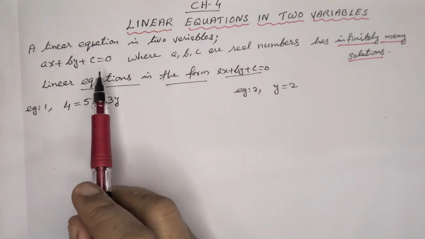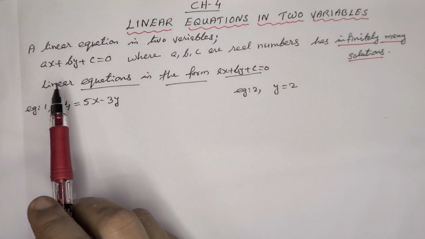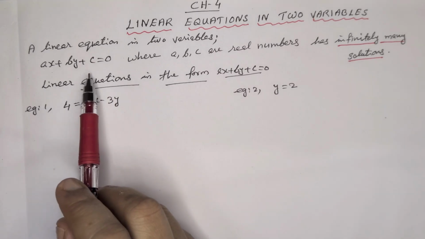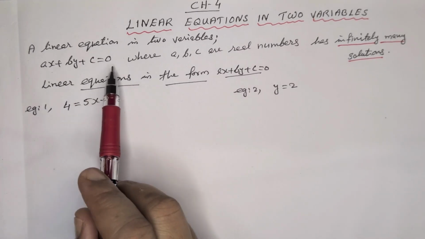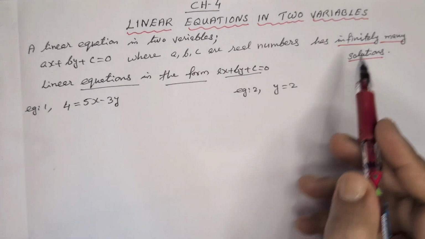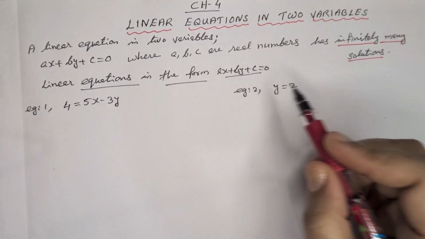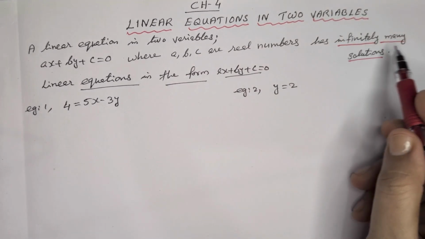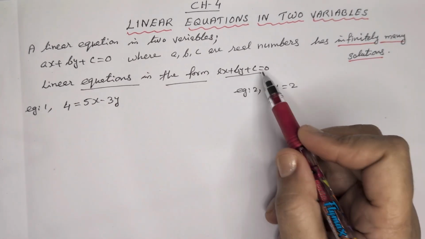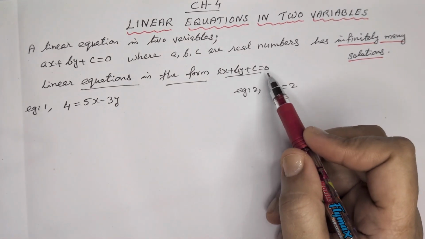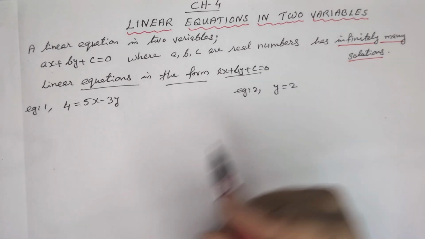A linear equation in two variables is of the form ax plus by plus c is equal to 0, where a, b, c are real numbers, and it has infinitely many solutions. For that equation there are infinitely many solutions.